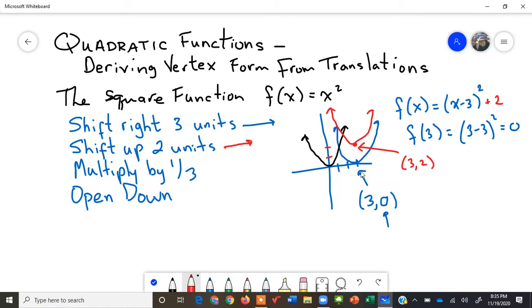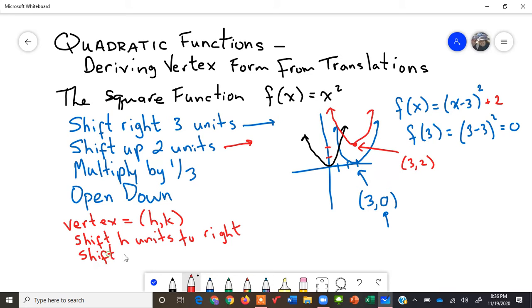Great. So what we see so far is, if I were to call the vertex with the general coordinates h, k, I see that shifting h units to the right and 2 units up, so to be more general, I mean k units up, then we end up with f of x equals parentheses x minus h squared plus k.